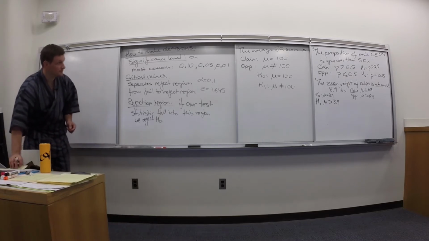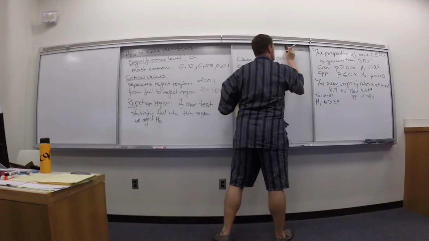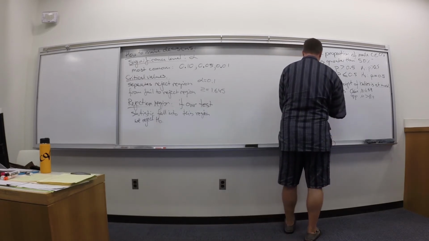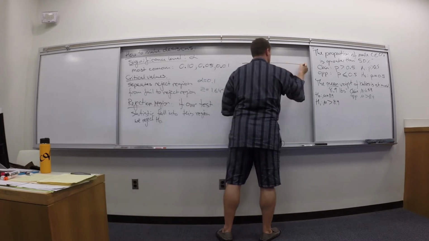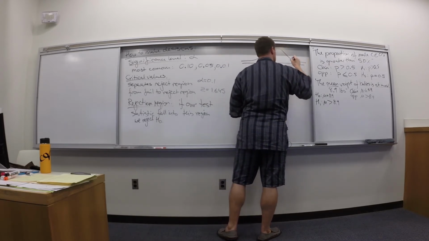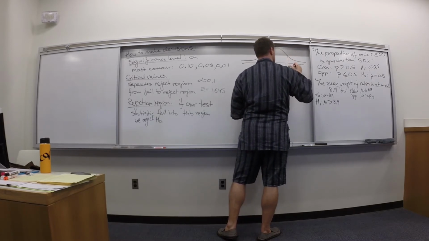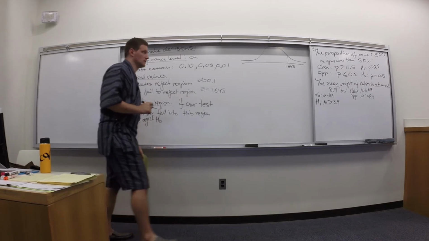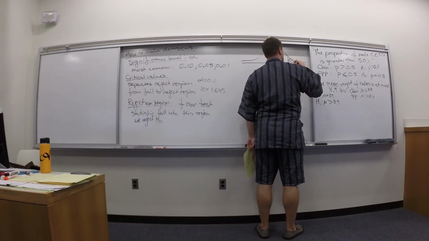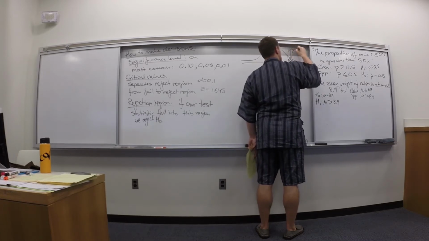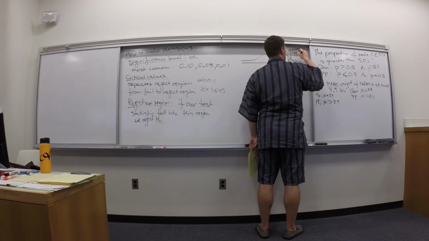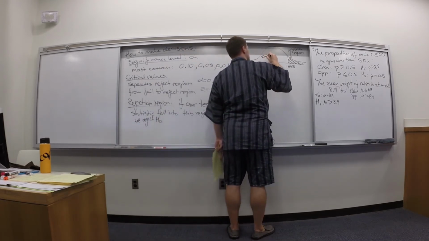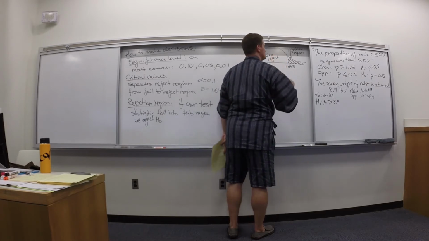Example, here it goes. In a situation like this, we would define this little section as the rejection region, and we would define this as fail to reject.